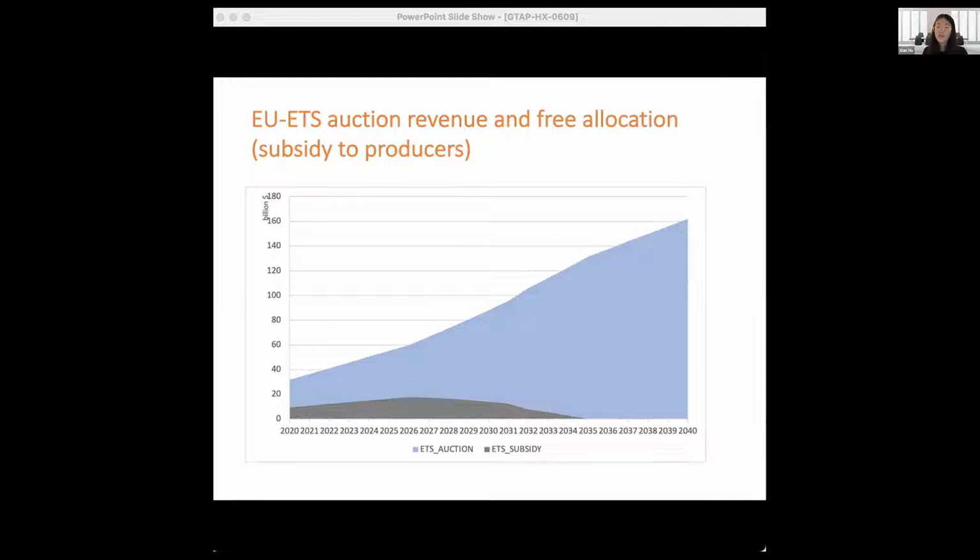And the amount that is allocated free will be represented as the output subsidy. This falls from 18 billion in 2026 to 0 in 2035. And also all the ETS auction revenues are recycled by cutting the labor factor taxes.